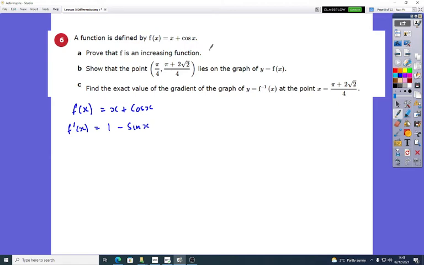In order to prove that it's an increasing function, we need to show that f dash of x is greater than 0.